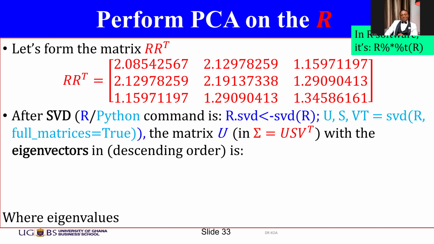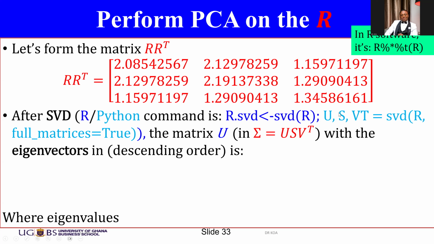If you are doing it in R software, and we are going to do it practically, so don't worry, this is how you run it. You use svd, in brackets, the particular correlation matrix you have. That will give you the answers.